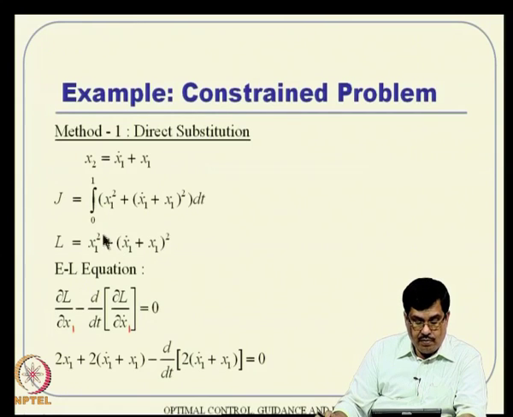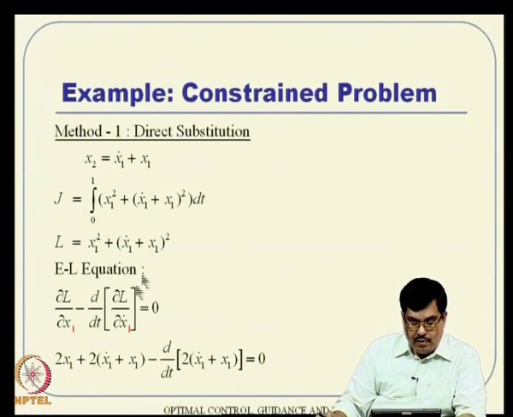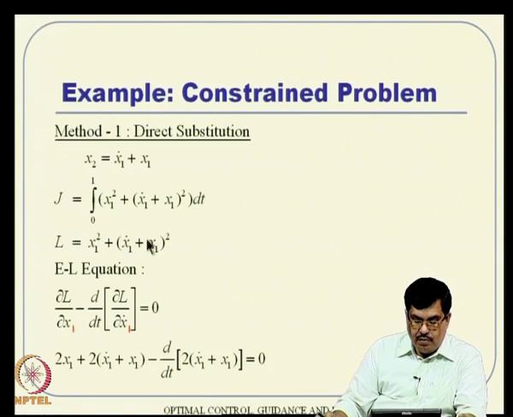What is del L by del x1? 2x1 from here, and by the chain rule, 2 into that, and then the partial derivative of x1 by x1, that is 1. So 2x1 plus 2 of that minus d by dt of the partial derivative with respect to x1 dot. Now when you do x1 dot, there again the coefficient is 1. So when you do this partial derivative with respect to x1 dot, do not consider x1 as dependent on that. They are two different quantities. So we end up with an equation like this.